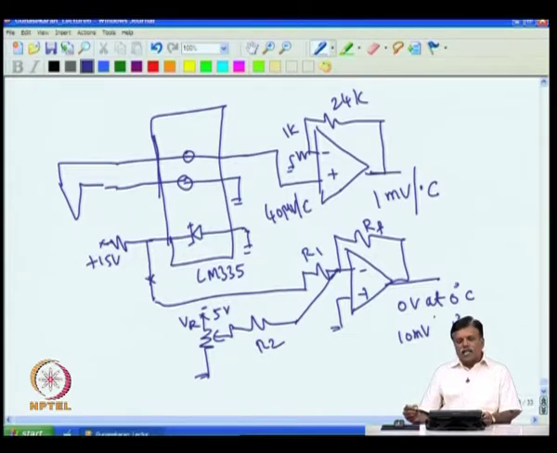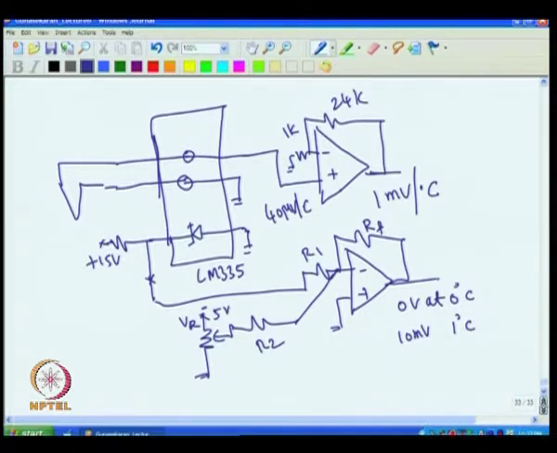This we had discussed in the earlier discussion, how to measure the temperature using LM335. So, I can do this and get output voltage corresponding to temperature here.